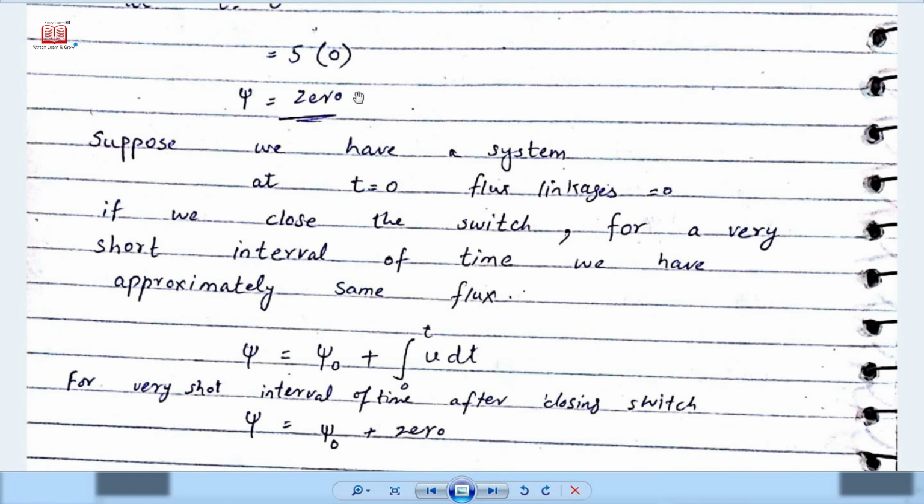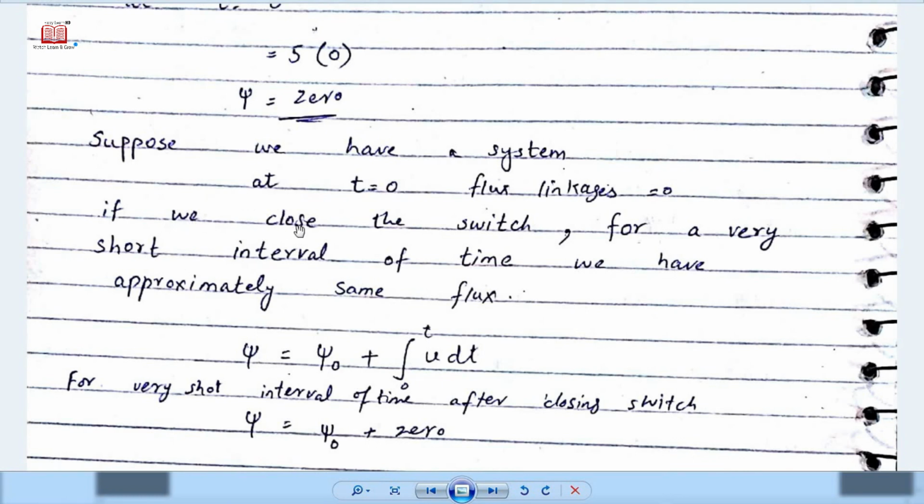Now we said that flux linkage is 0 at time 0. At time equals 1 second, it is still 0. I am saying actually this is not exactly 0, but it is very close to 0. That is the main reason we say it is not changing, it is still 0.